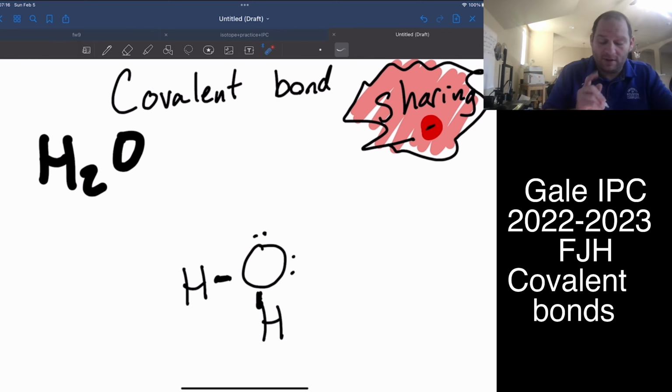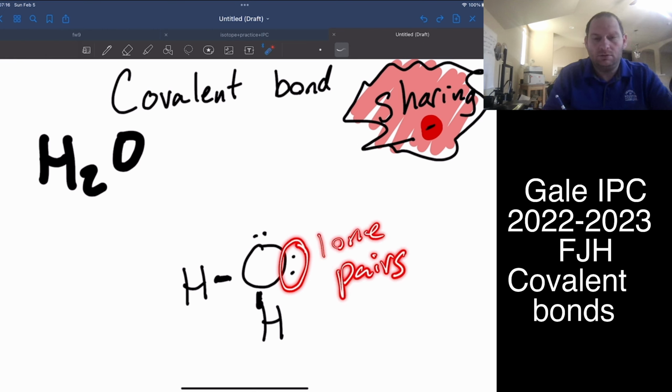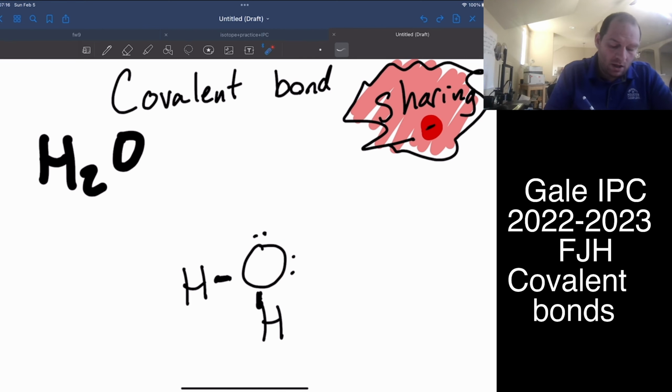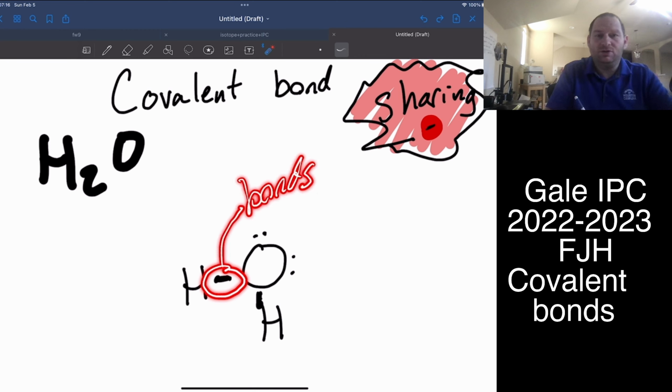So let's go over some quick vocabulary. We have electrons when they're by themselves, not involved in a bond. They're always going to try to pair up. They never want to be by themselves like this. They want to be paired up. We call these lone pairs. They're by themselves and they're in pairs. If we have holding of hands, we call these bonds. That means their electrons are being shared across.